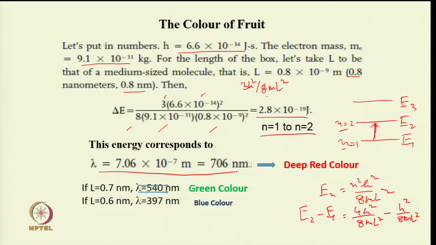Now, you can think of the same molecule, but with smaller length. For example, L is equal to 0.7 nanometer. In that case, your lambda will be equal to 540 nanometer, which will correspond to green color. And if L is equal to 0.6 nanometer, then it will have blue color.